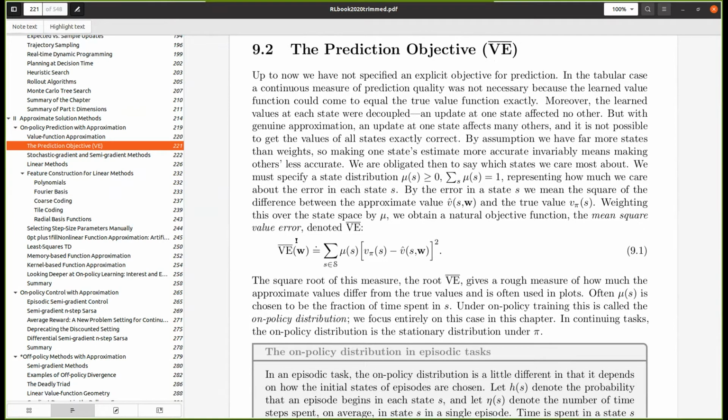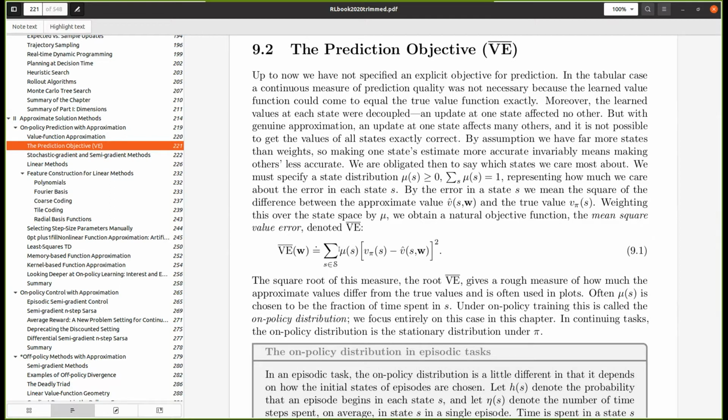And here this VE bar of W is our prediction objective, and it is just the squared difference between the true value function, this component here, V sub pi of S, and V hat of S and W, our approximate value function.